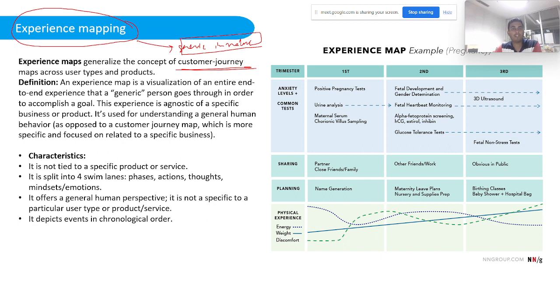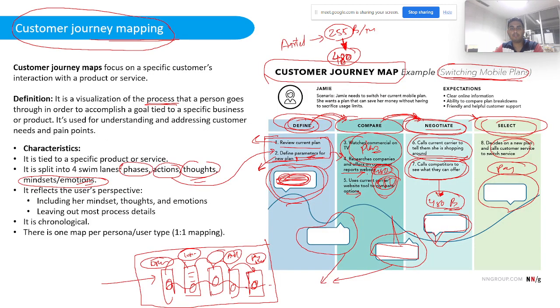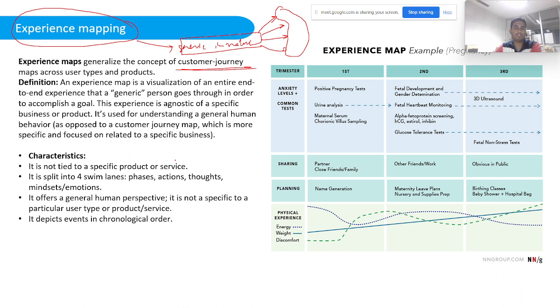Okay, to do experience mapping, you need to collect information from a large group. So you can actually combine multiple customer journey maps to understand each particular phase or feature of a bigger system, and then you can combine those individual journey maps to make an overall experience map.